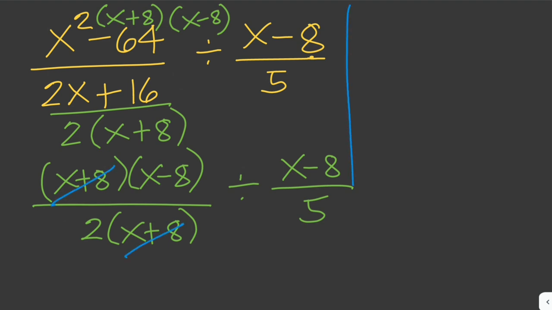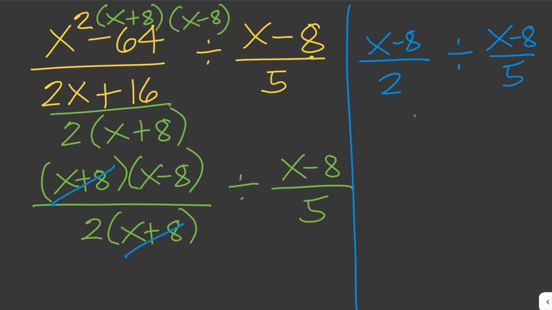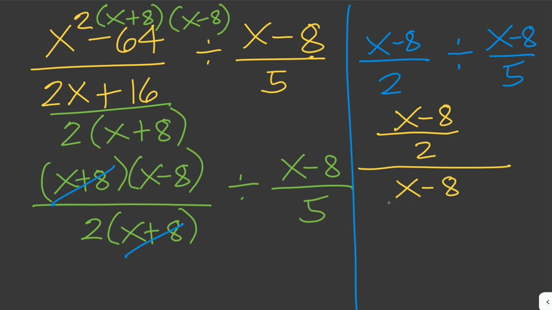So we will just be left with x minus 8 over 2 divided by x minus 8 over 5.